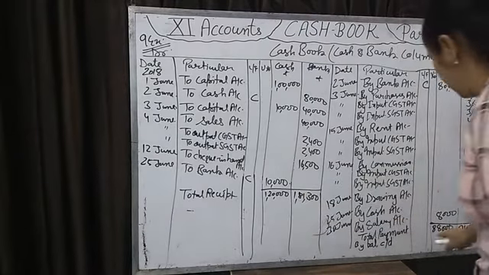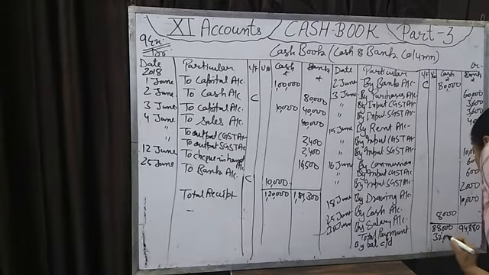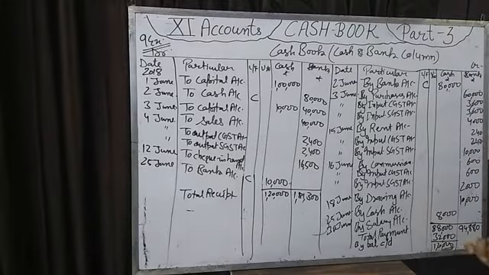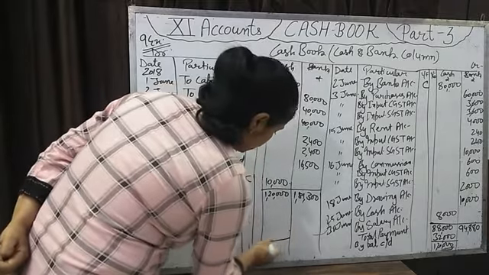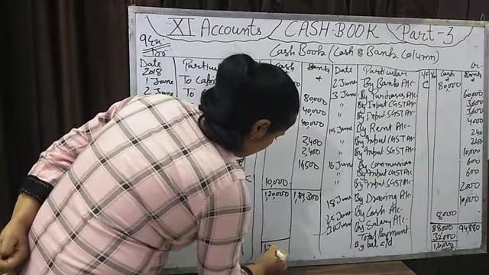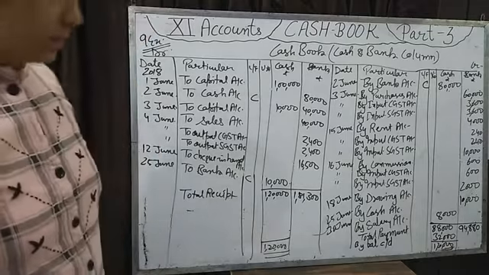Difference of 120 minus 88 is 32,000. Then the total again you will write 1,20,000 and put 2 lines.